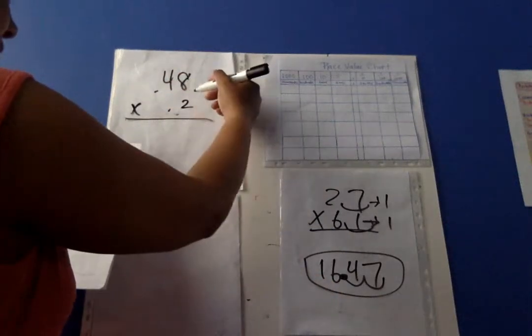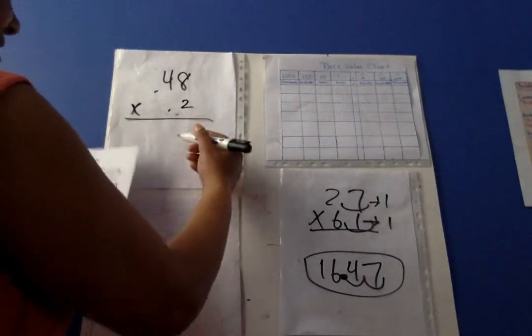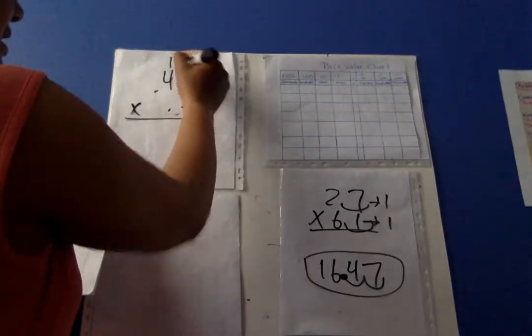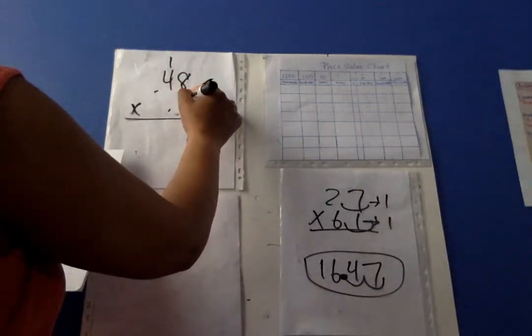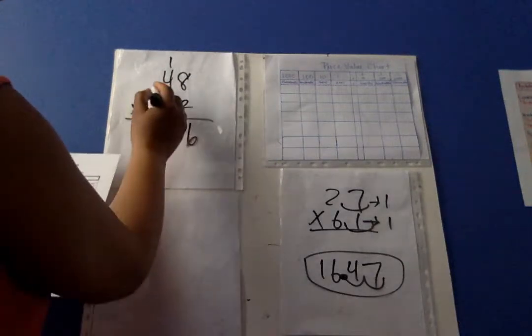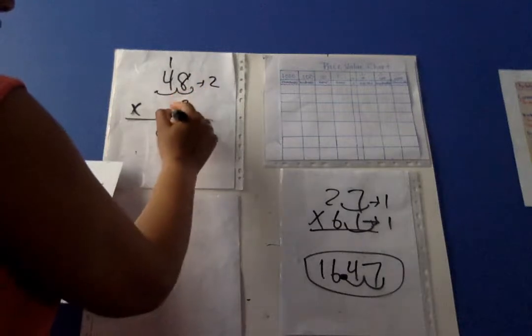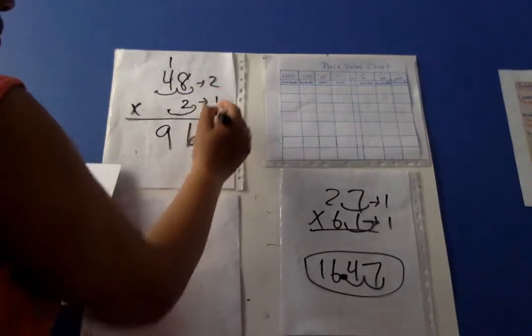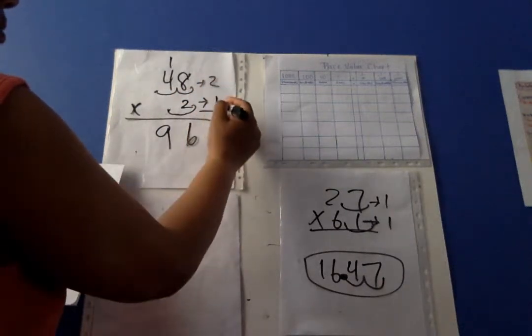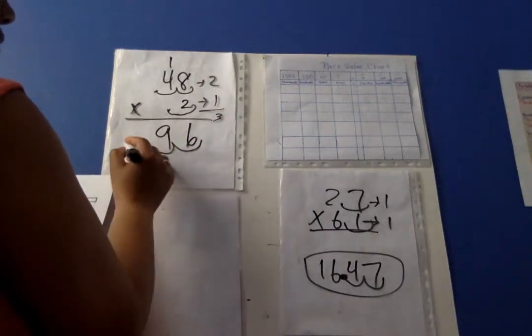We're just doing 2 digits multiplied by 1 digit so you can see it. 8 times 2 is 16. 2 times 4 is 8 plus 1 is 9. Now you notice I'm moving it over 2 times. And this one is being moved over 1 time. So 2 plus 1 is 3. So you need to move it 1, 2, 3.